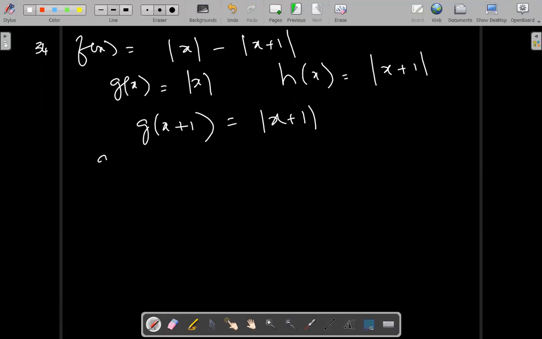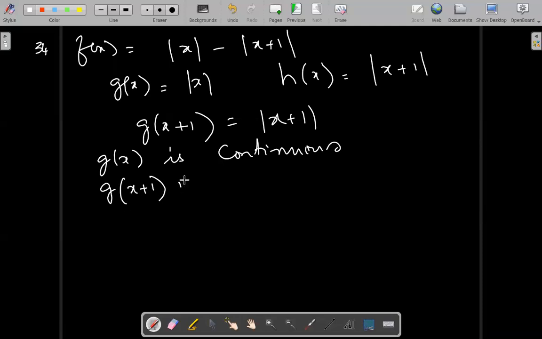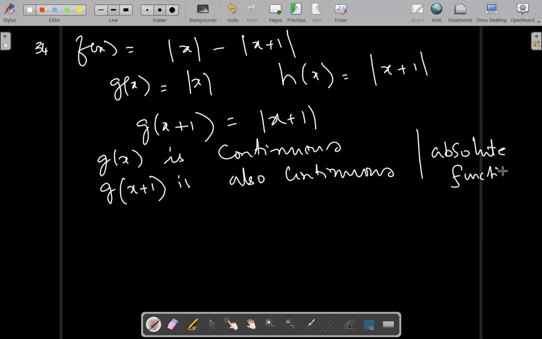So g of x is continuous, and g of x plus 1 is also continuous because both are absolute functions. So g of x plus 1 is nothing but h of x. That implies that h of x is a continuous function.